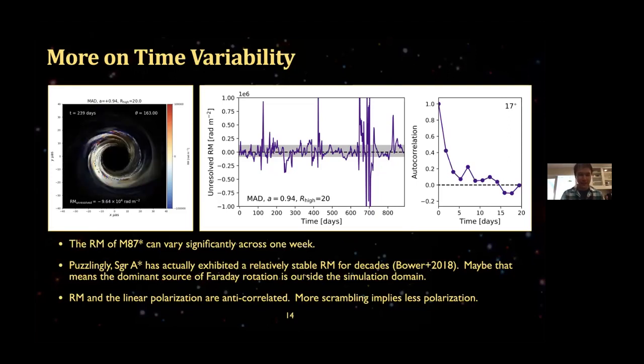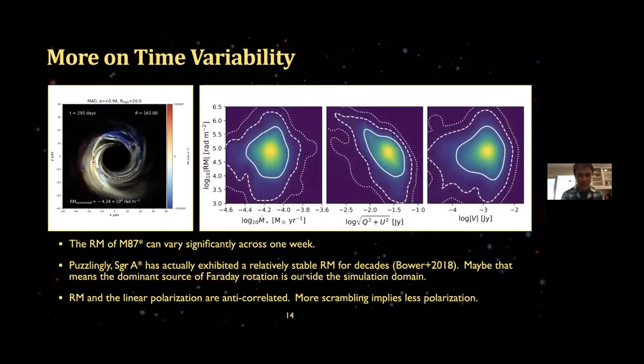If you try and cross-correlate this with other properties, here is RM versus M dot, the linear polarization and the circular polarization. So you can see that even for a single accretion flow, RM does not trace the accretion rate. There is an anti-correlation between the RM and the linear polarization. That's expected.